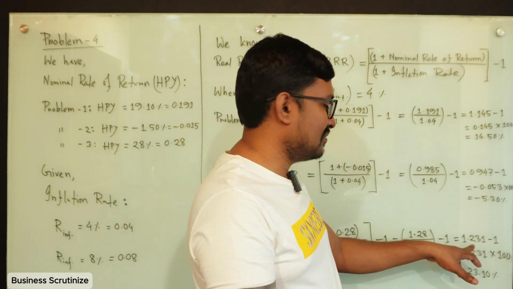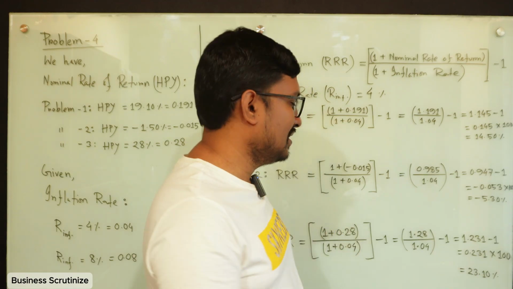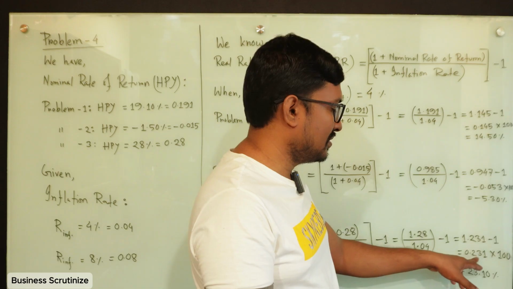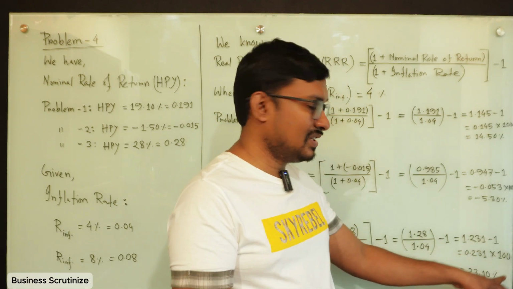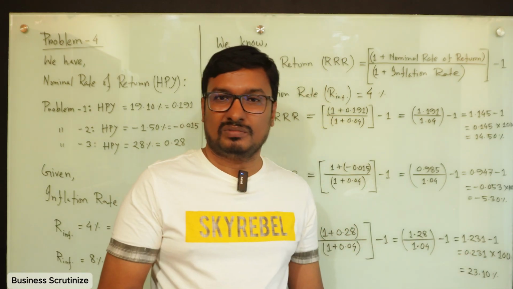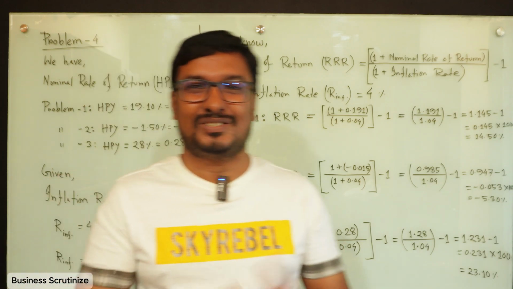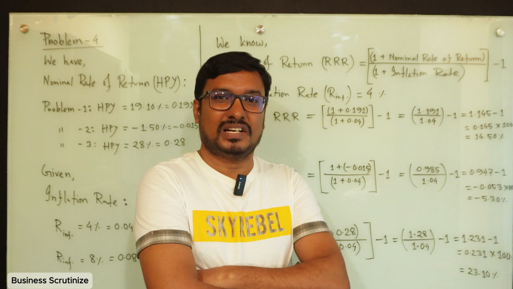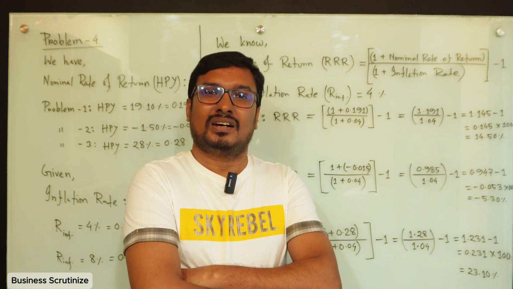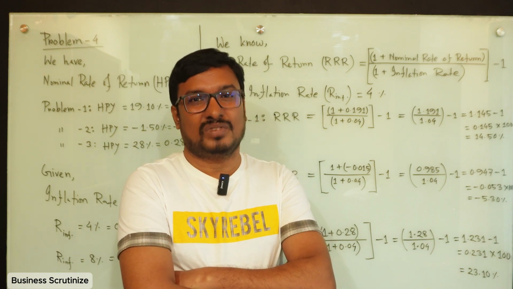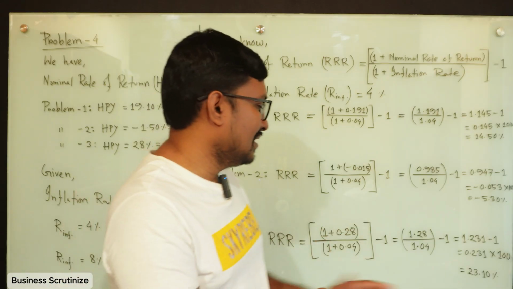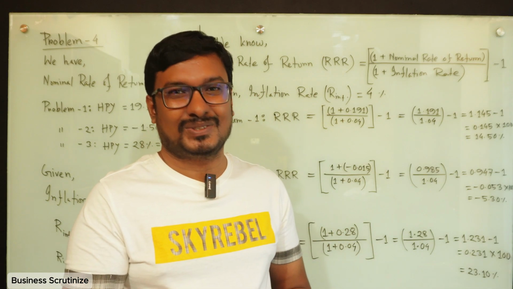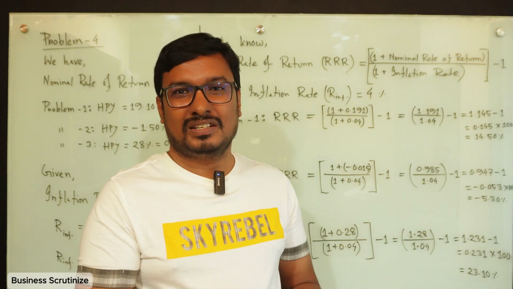After division, we can write 1.231 minus 1, and after subtraction we get 0.231, times 100, and finally 23.1%. So 23.1% is the real rate of return. Considering 28% as the nominal rate of return and a 4% inflation rate, we finally have 23.1% as the real rate of return. In this way we can find the real rate of return.